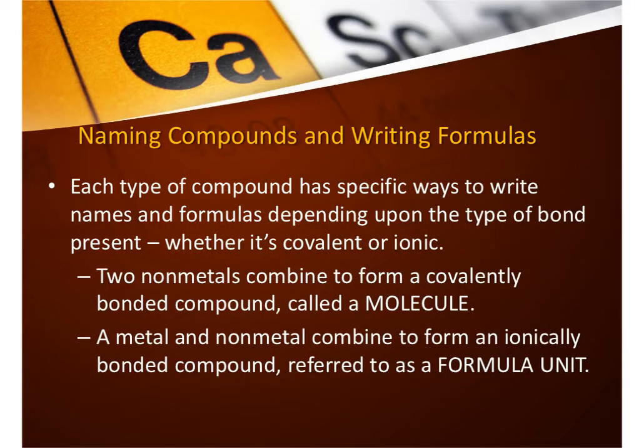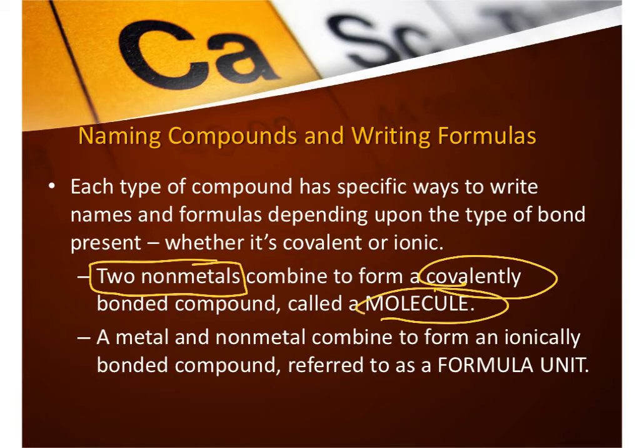All right, so let's go ahead and start learning the rules for naming covalent and ionically bonded compounds. Again, a quick reminder, a covalently bonded compound arises when 2 nonmetals combine to form a bond, and we call a covalently bonded compound a molecule.